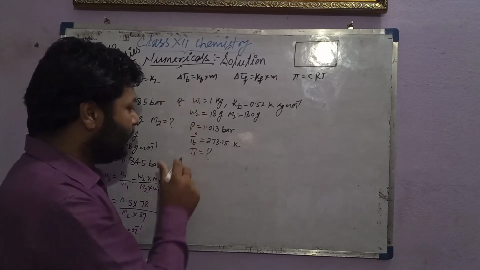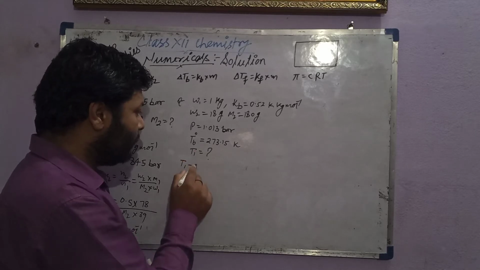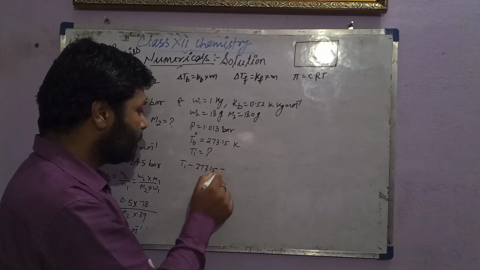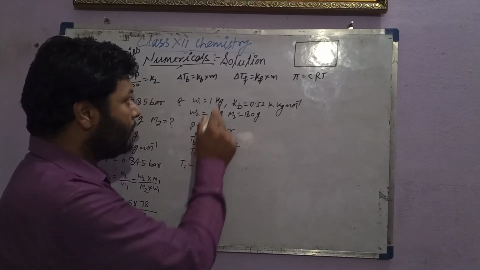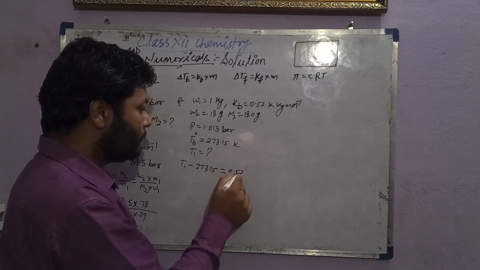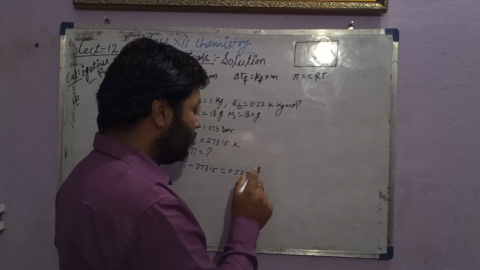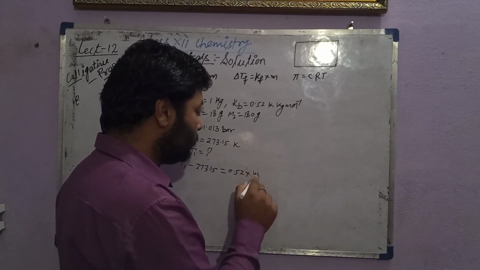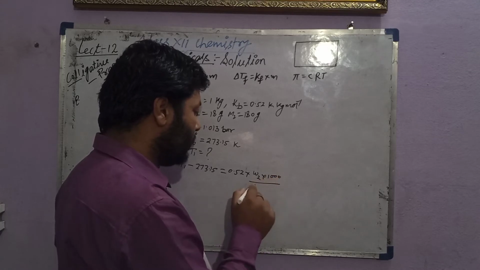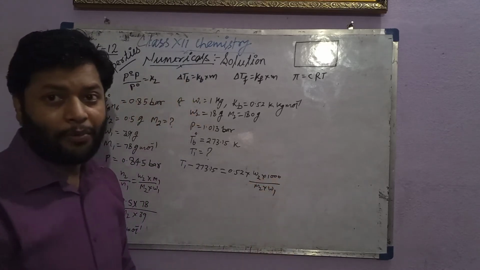So instead of delta TB, you can write T1 minus T0 B, which is equal to 273.15, and then Kb value is 0.52 into molality. Molality is W2 into 1000 upon M2 into W1. You know the formula for molality now.